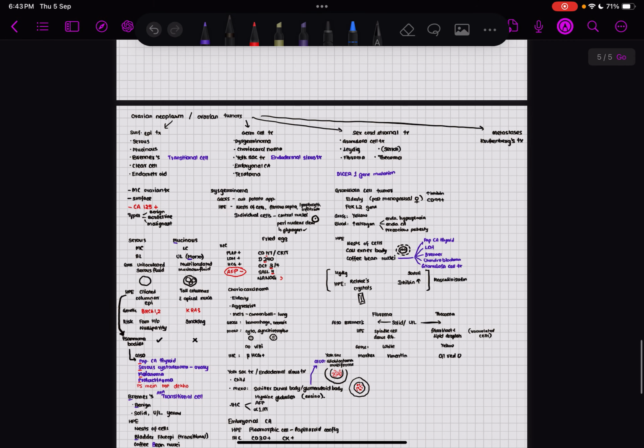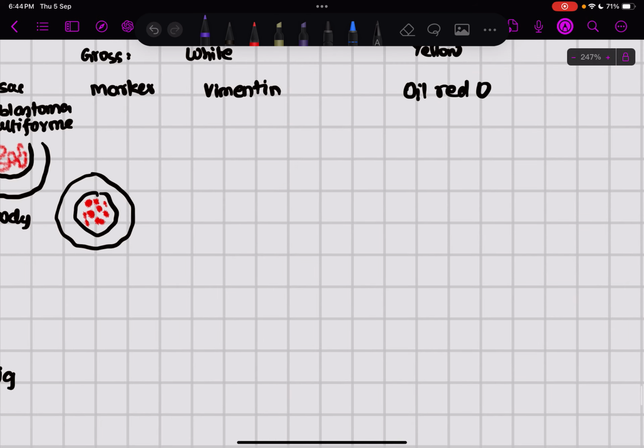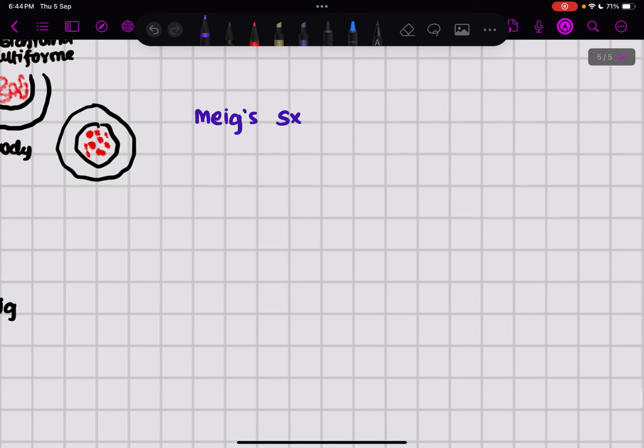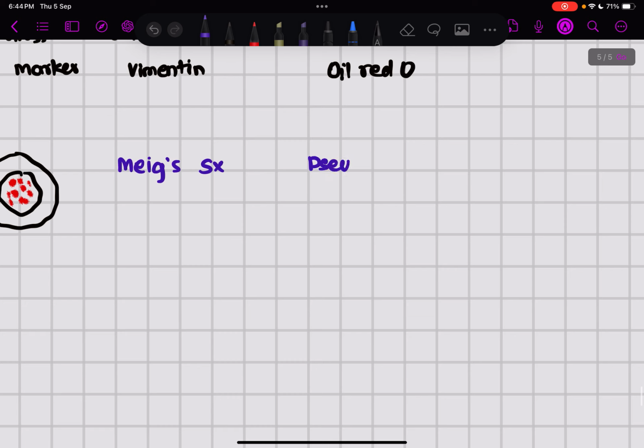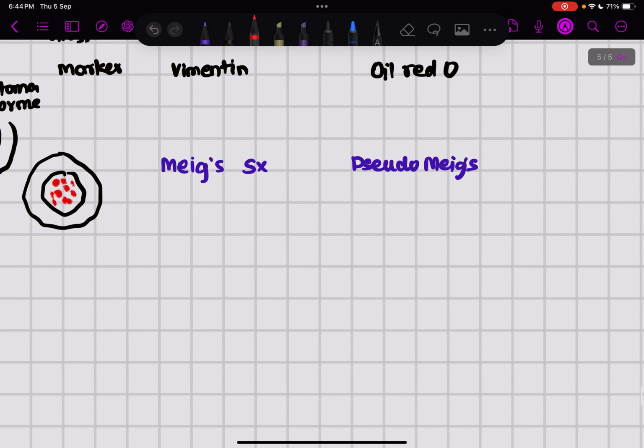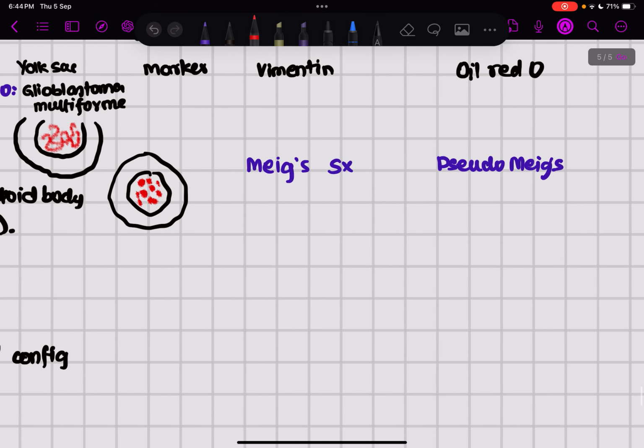Now this whole story can be summarized with another story of granulosa cell tumor. Let us see that in the end. Before that, we will see Meigs syndrome and pseudo-Meigs syndrome. Let us go with the body cavities, which are pelvis, abdomen and chest.